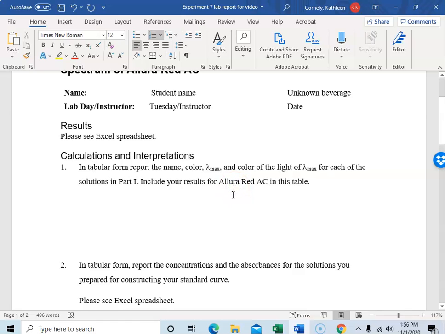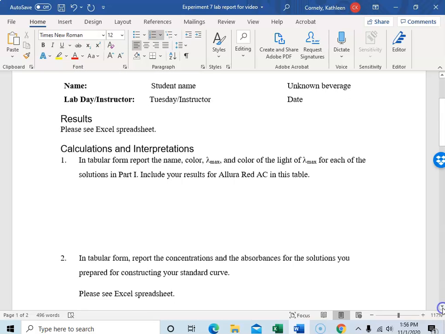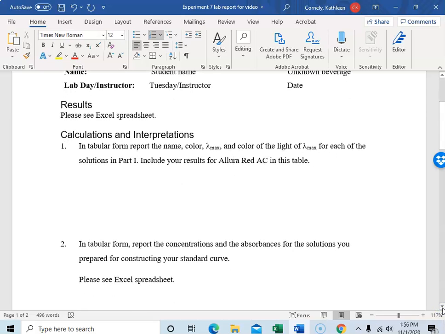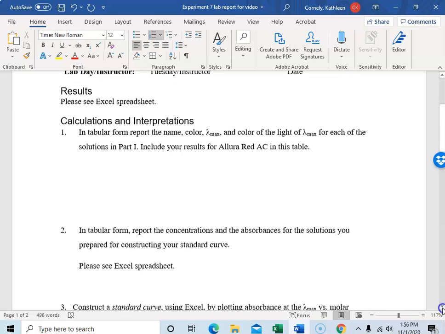Make sure that Allura Red is in this table. In this space right here, you can construct a nice table that has all of that data in it. This is a nice visual to help us see the relationship between the color of a solution and the wavelength of light that it absorbs maximally.